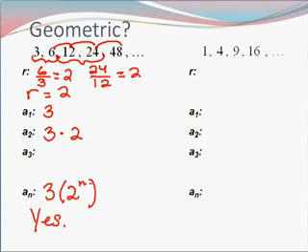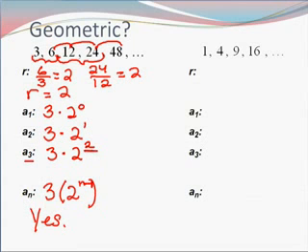Actually, it is n minus 1. If we look here at our pattern, we have 2 to the 0, 2 to the 1, 2 squared. So you have n over here and n minus 1 over here for the exponent.